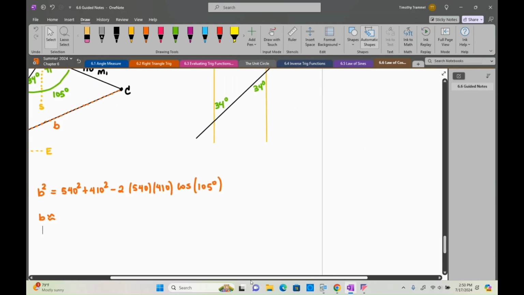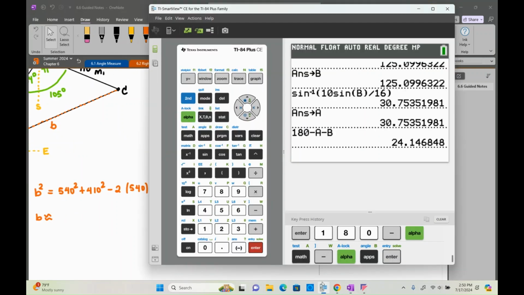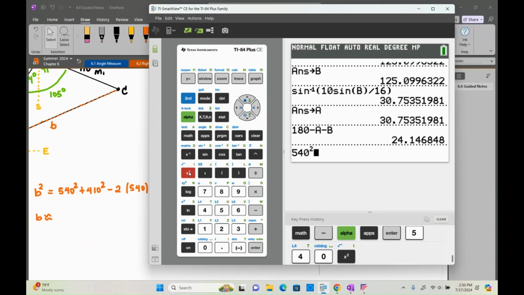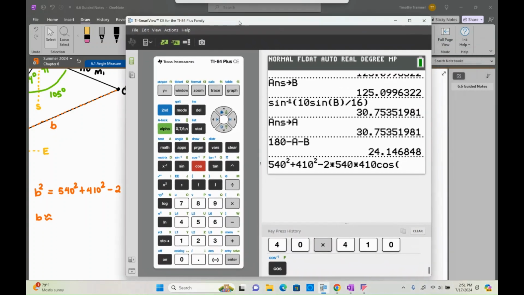Let's scoot this over. So we have 540 squared plus 410 squared minus 2 times 540 times 410 cosine of, and again, the angle is 105.